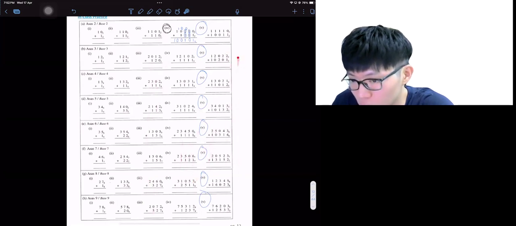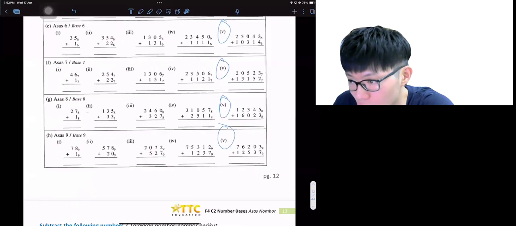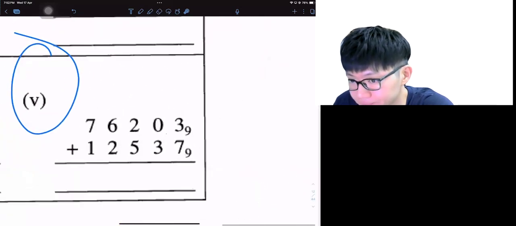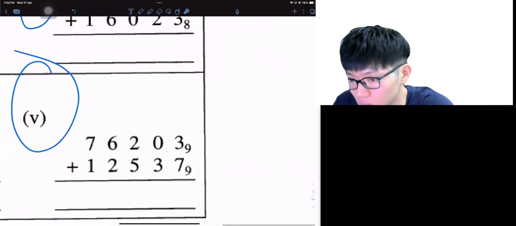Which one is making you so confused? Base 9, okay, this one. Okay, let's go. Ready?